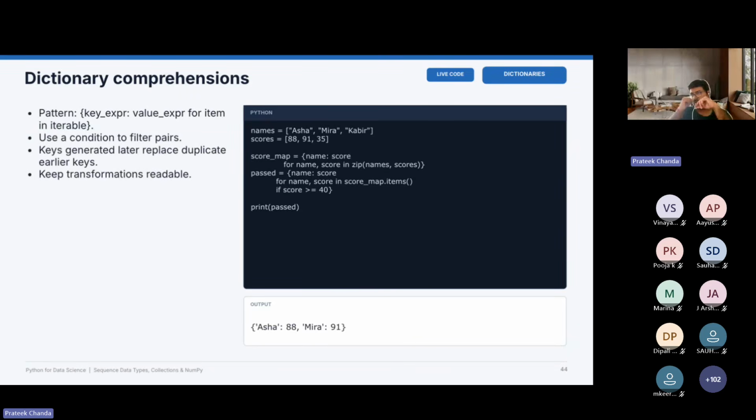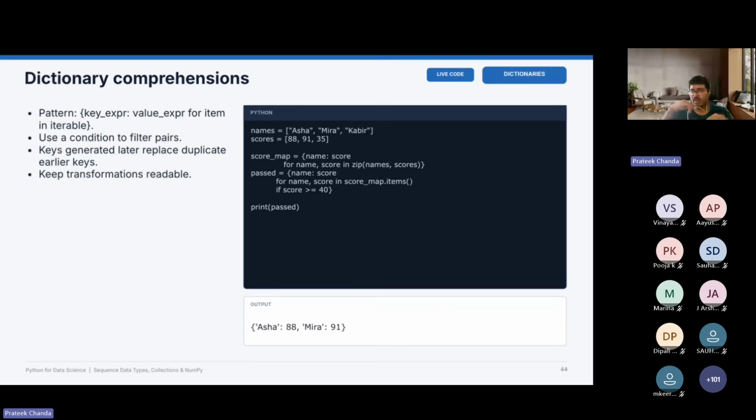That means there are two iterations happening over names and scores together, and for each item in names and the corresponding item in scores, you are assigning it. So you are assigning Asha to 88, Mira to 99, 91, and so on. At the end, you get a dictionary called score_map, and you now want to apply a dictionary comprehension on top of it. So the first one was a list comprehension, and using that you are creating a dictionary.